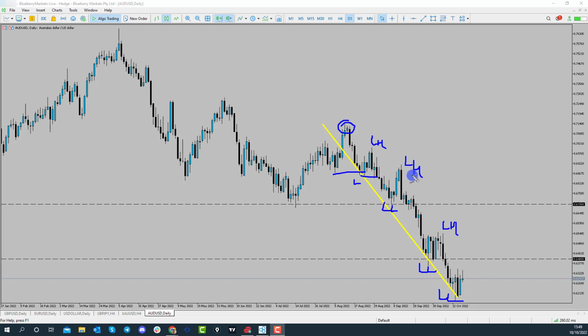So all we're trying to anticipate are these lower highs, because these are where you're going to get your maximum reward to risk trades. So for instance here, price is struggling to trade past and through the 0.63 handle.